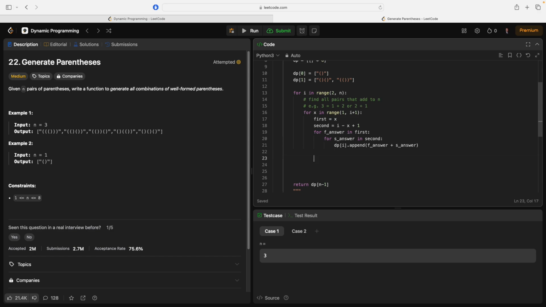Finally, we need to worry about the wraparound. So we're going to say dp i append. Actually, when does the wraparound come into play? The wraparound comes into all of the s answers.